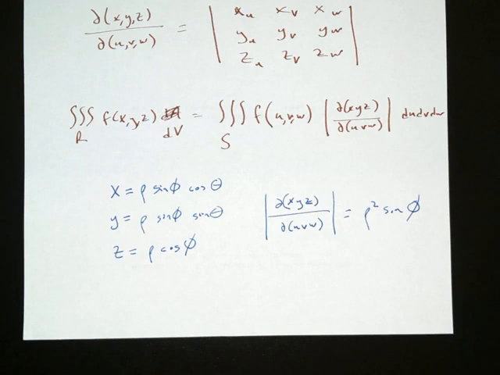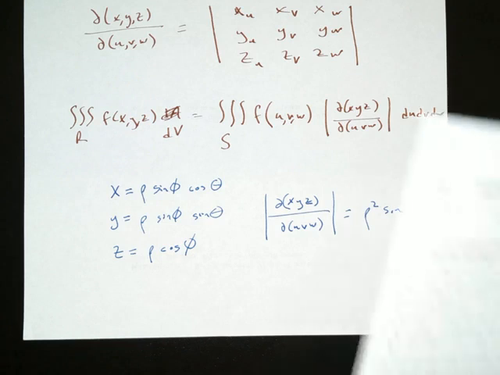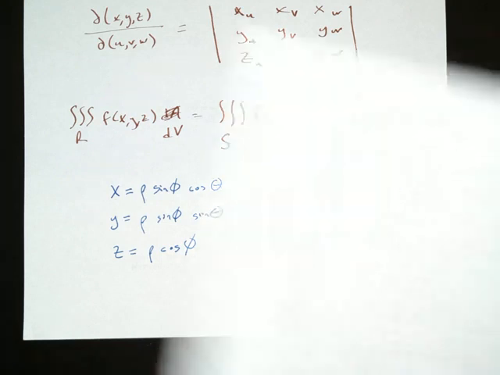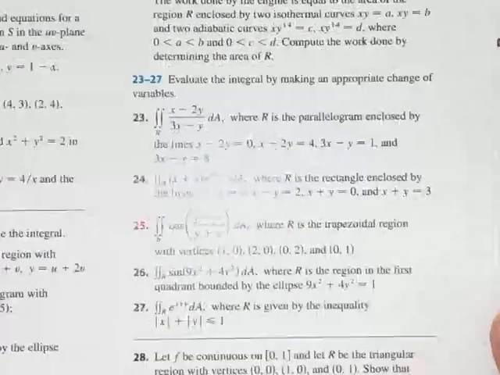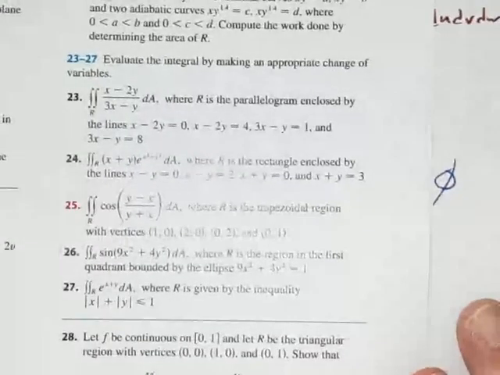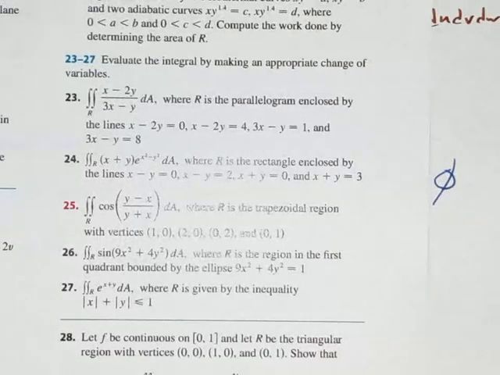Now, Reese, to your point, knowing that I need a transformation is always problematic, right? But when I look at the integrals provided to me, some of those are just nasty, aren't they? But I look at, say, 26, and I see sine of 9x squared plus 4y squared.